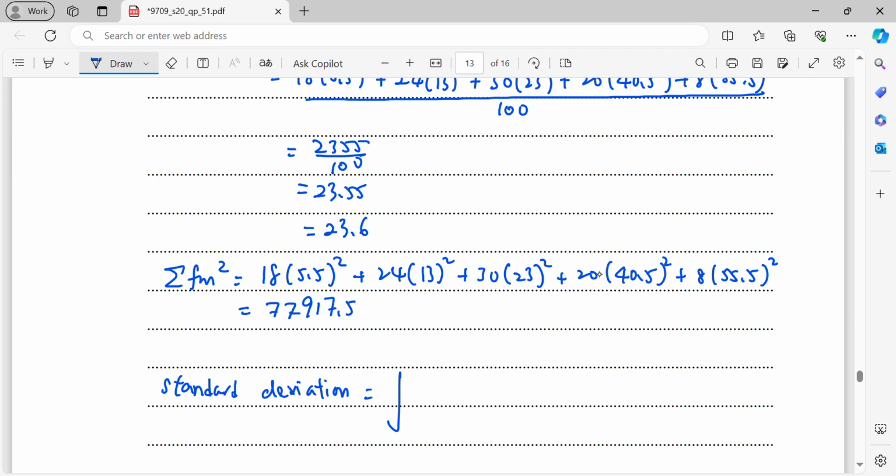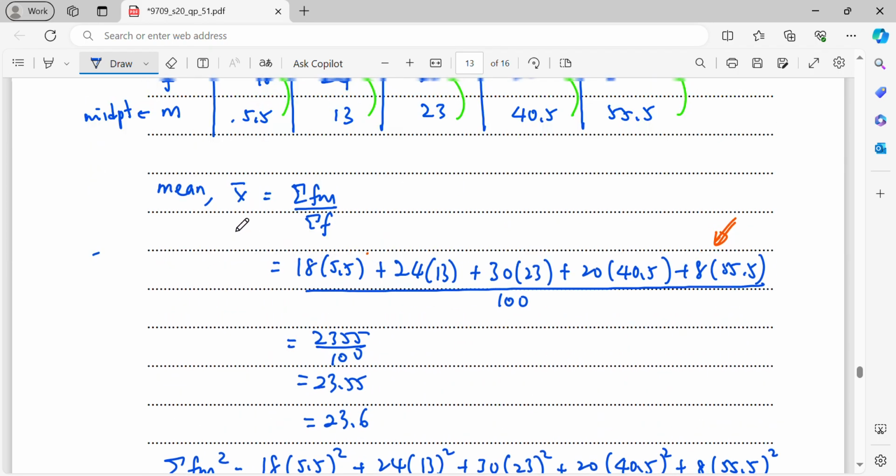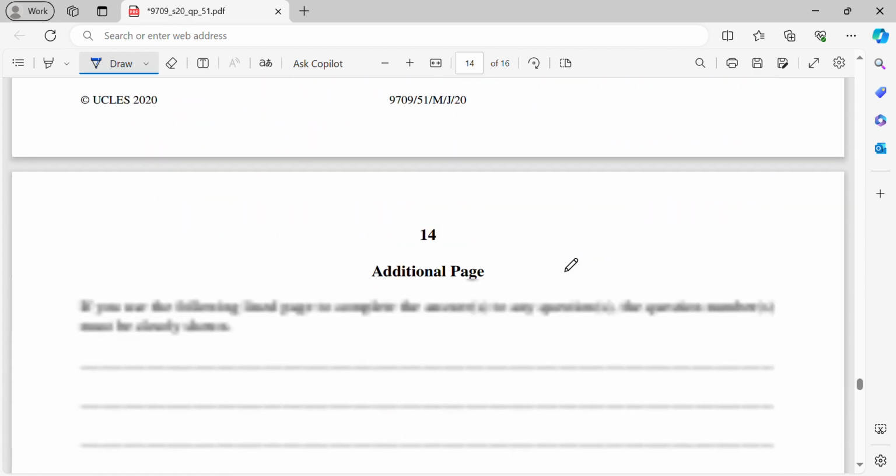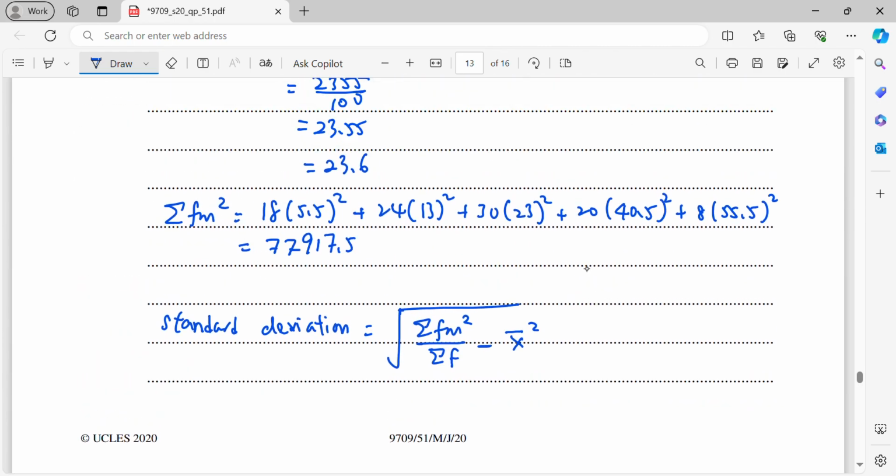Okay, now your standard deviation is the square root of summation fm squared over summation f minus mean squared. Okay, the mean is x bar. So now here I will get the square root of 77917.5 over 100 minus my mean. I will use the previous value 23.55.